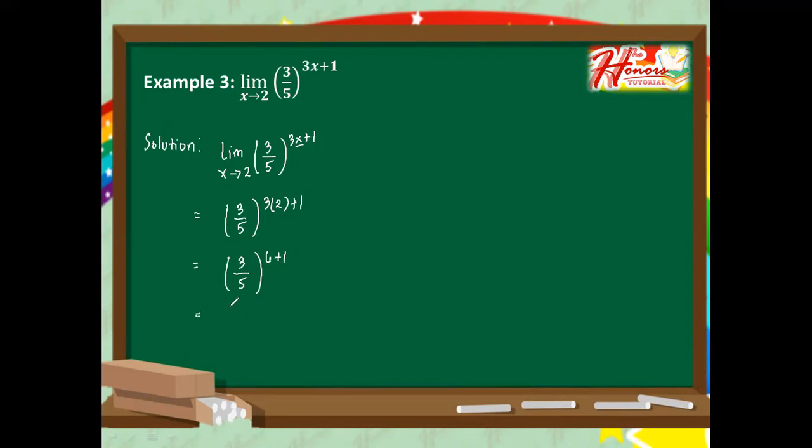So let's continue. So that is the quantity of 3 over 5 raised to 6 plus 1, that is 7. This is not the final answer yet, so let's continue solving.